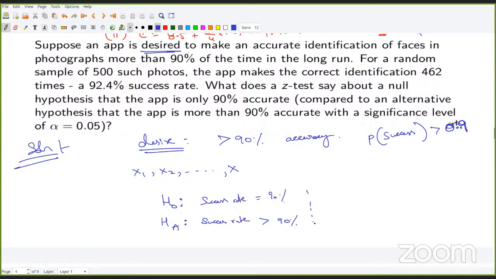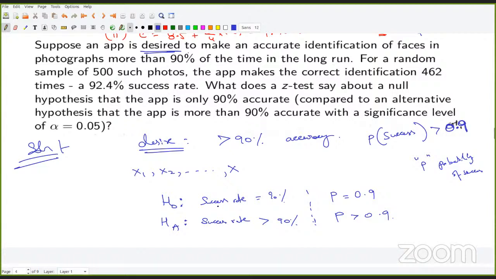When you convert it into statistics terms, we treat it like a probability of success. So let's say P is the probability of success. The null will be P equals 0.9 and the alternative will be P greater than 0.9.